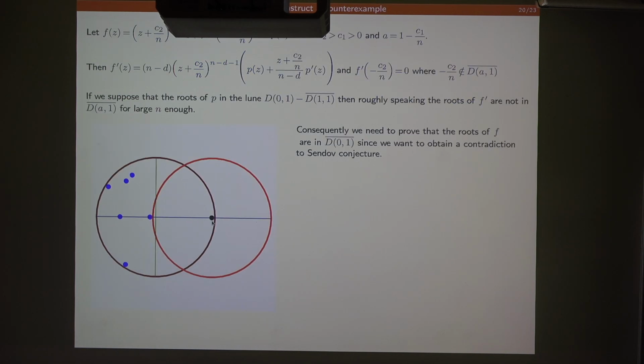The strategy is to prove that the roots of this polynomial are in the disk centered at 0 and 1. But we can prove this is not possible. And the attempt to construct a counterexample is very difficult because we have this example. Thank you for your attention.